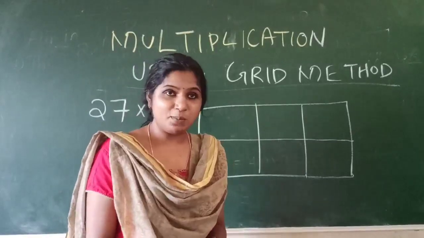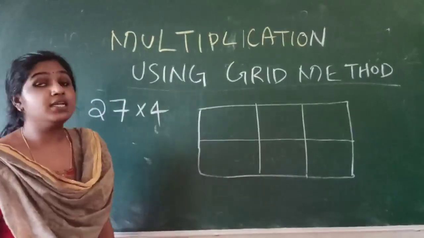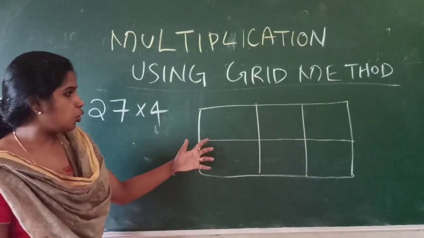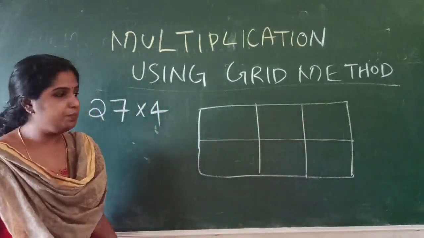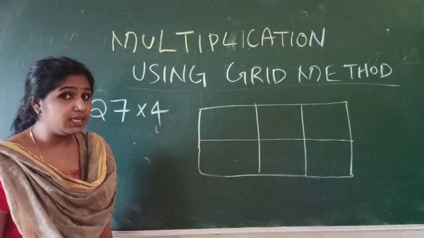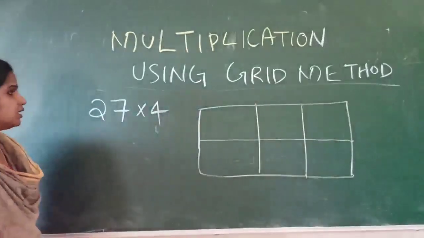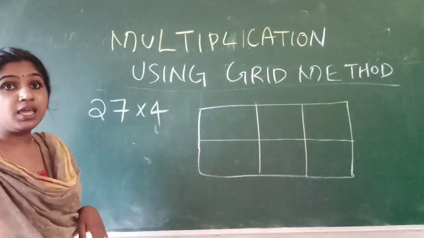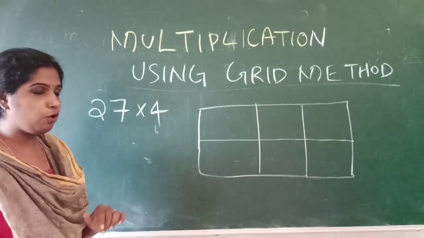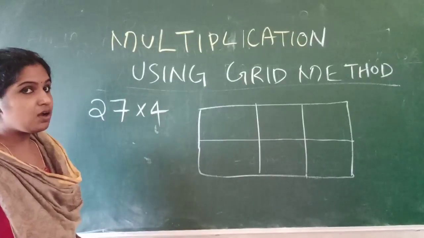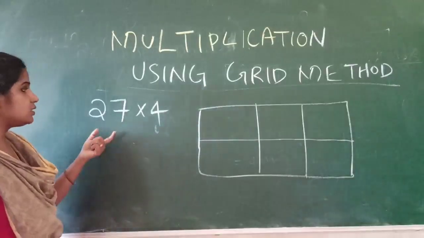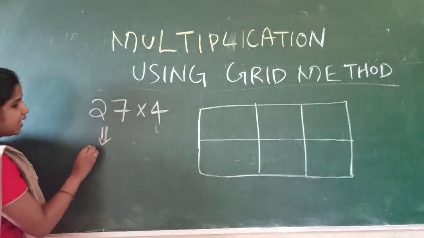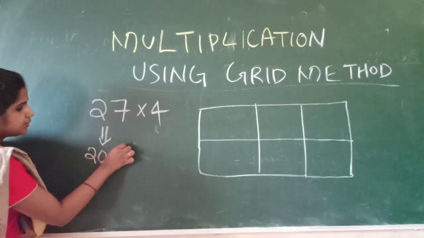Now we can discuss multiplication using the grid method. In the grid method, first we have to draw a grid like this. Like this you have to draw a grid. We can take an example: 27 into 4. First we will partition 27 as 20 plus 7.